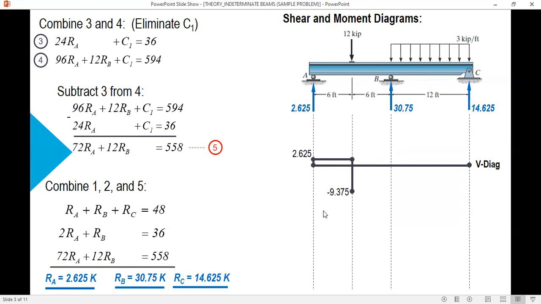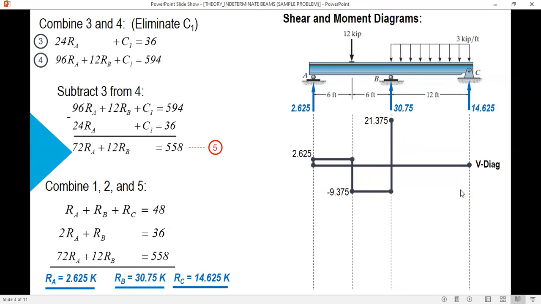The result is negative 9.375. And then from 12 to point B, no load again for this segment. So the diagram is horizontal. And then for B, there is an upward reaction of 30.75. So negative 9.375 plus 30.75. The result is 21.375.